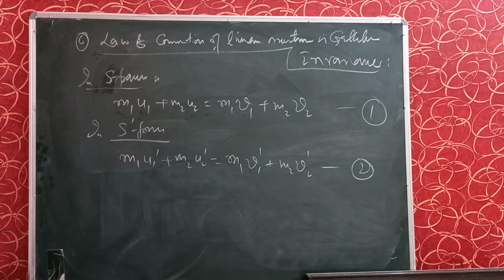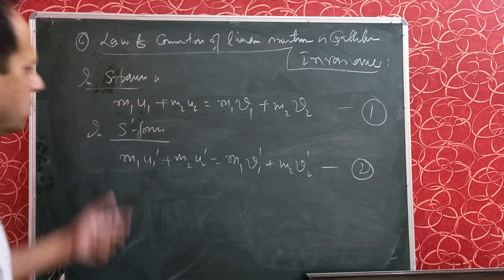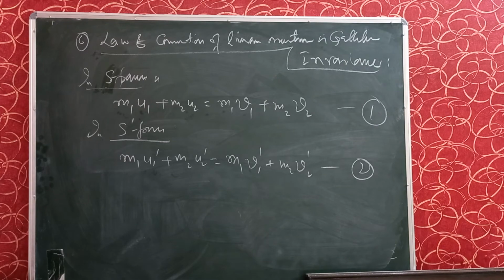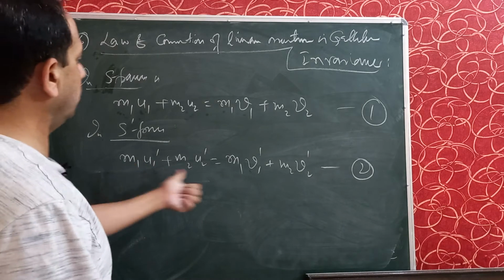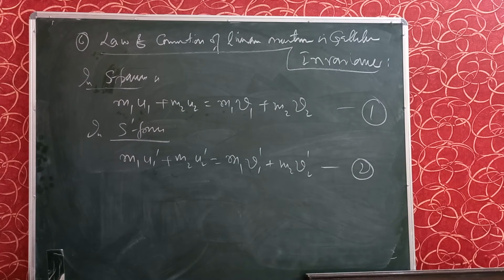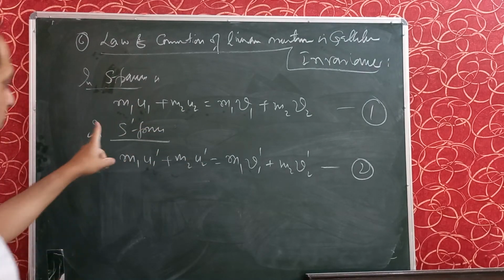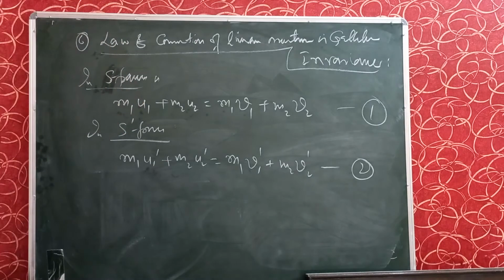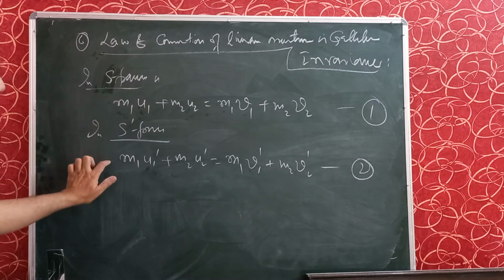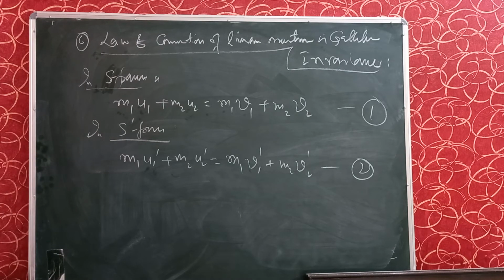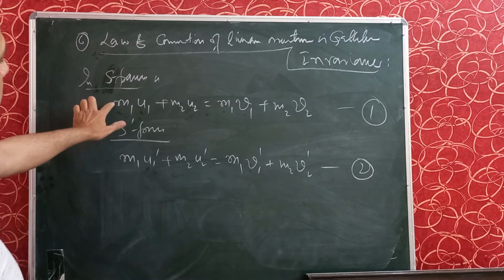Because m1 and m2 remain the same, they will not be affected by the frames, S as well as S dash. Therefore m1 and m2 remain m1 and m2, but u1 becomes u1 dash, u2 becomes u2 dash. So in the dash frame, velocities are u1 dash, u2 dash before interaction, and velocities are v1 dash and v2 dash after interaction. So again the law of conservation of linear momentum is written in S frame as well as in S dash frame.